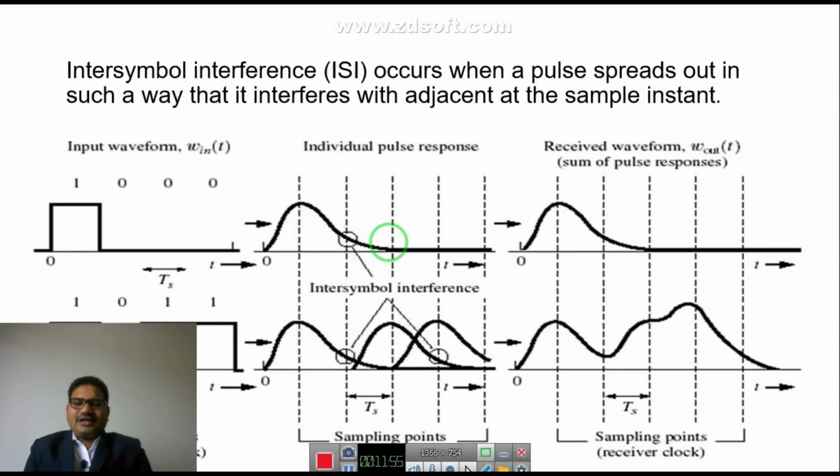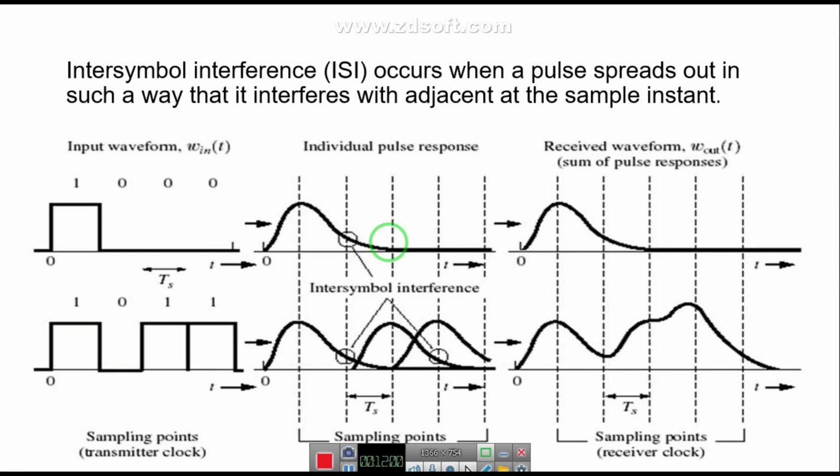You can see on the graph in this figure how the ISI is going to take place. Suppose the data is 1 0 0 0. We are assuming for bit 1 we transmit a 1 pulse, and for the rest it is 0.